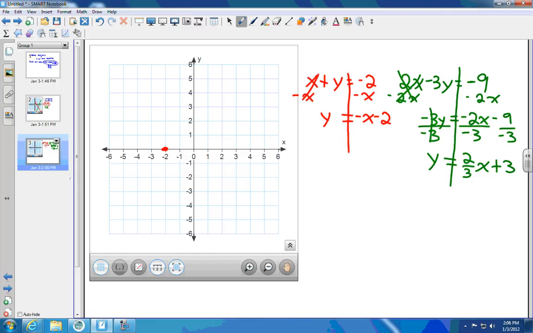Like 1, -3. Right. Those are all points on your line. So 1, -3, and what was the other one? 2, -4. Okay, those points are all on there, and then sketch.